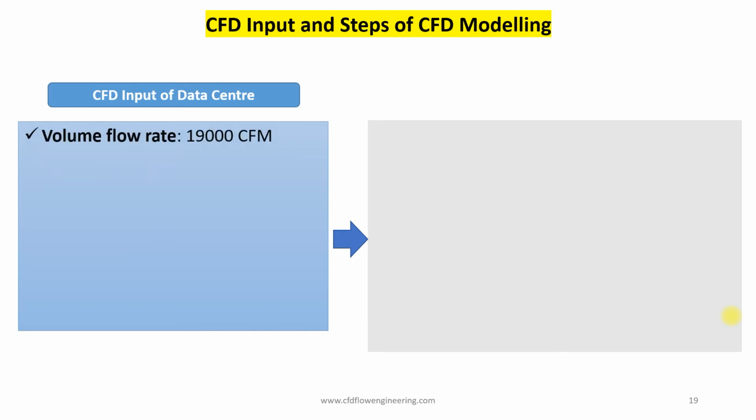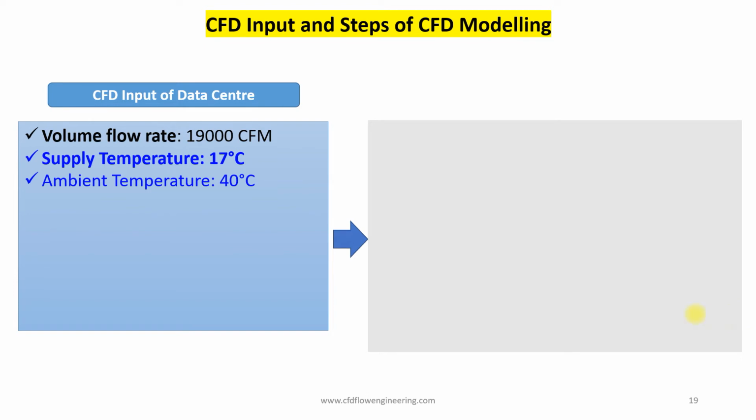First, the key input for data center after you have the 3D model is volume flow rate, because volume flow rate is one of the critical inputs. Then supply temperature, it should be fixed as per design input.